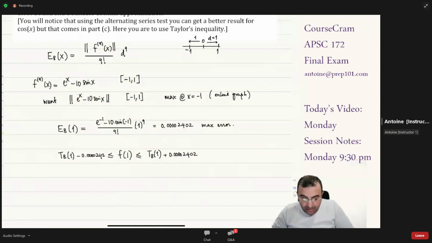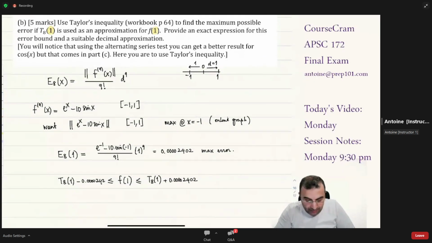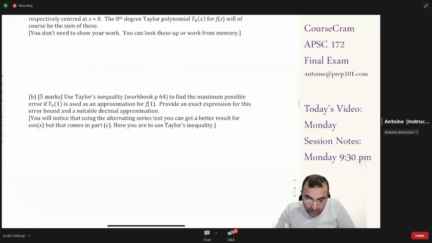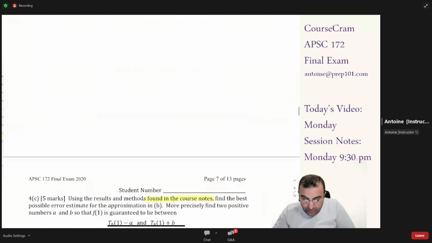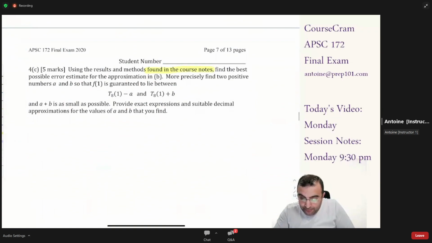Now, here's part C. So far, this was the only weird part, but we accept it because this was an online exam. Let's talk about what happens when we want to use the alternating series. So using results and methods, find the best possible error for the approximation.